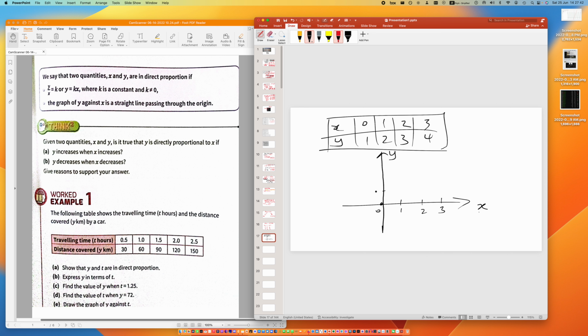So now if they ask you what's the relationship between the x and the y, let's observe. From 0 to 1, 1 to 2, 2 to 3. The x is going up, right? Then what happened to the y?